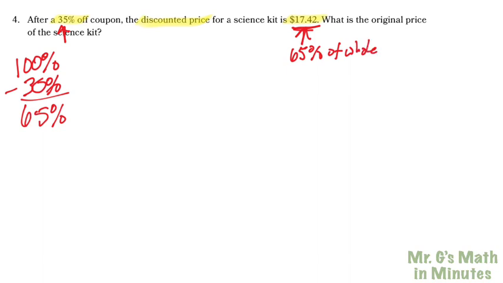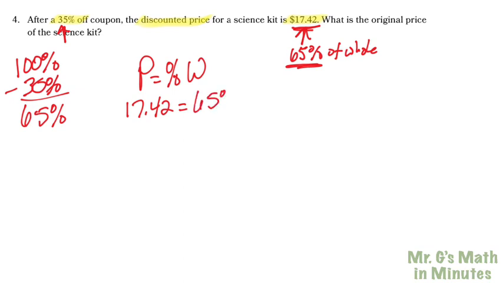So if it's 65% of my whole, that means that now it's a part because I changed that percent. It's part of my whole. So if I do part is equal to percent times whole, the 17.42 is my part. 65% is my percent now because 17.42 is 65%.